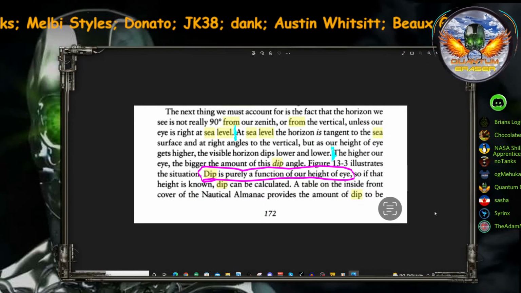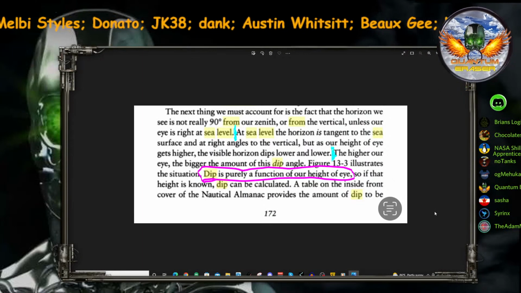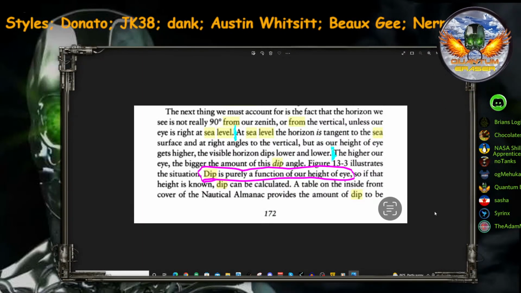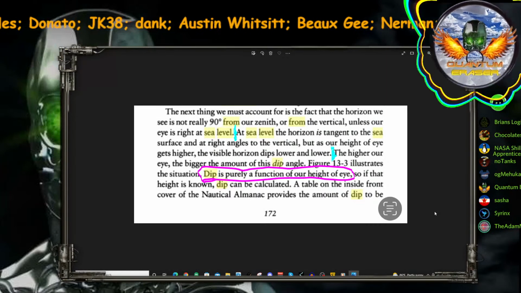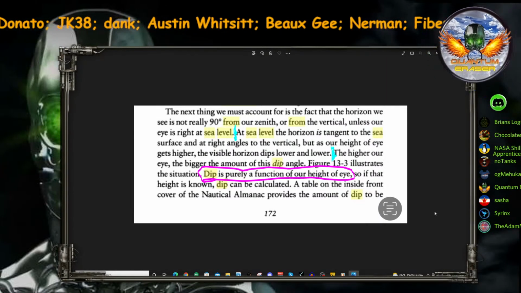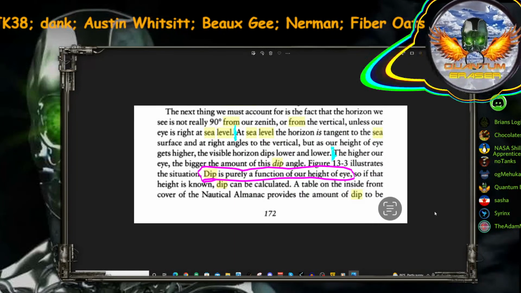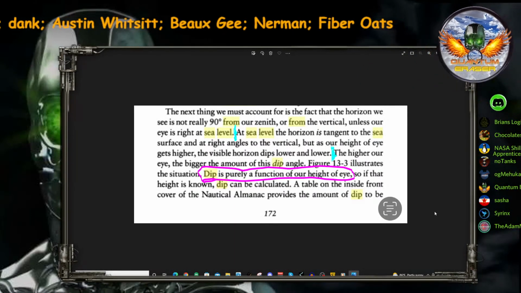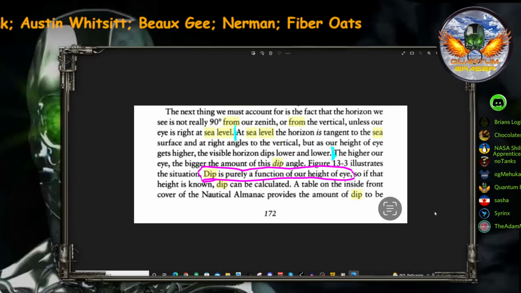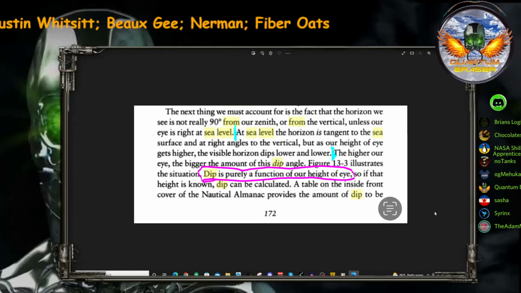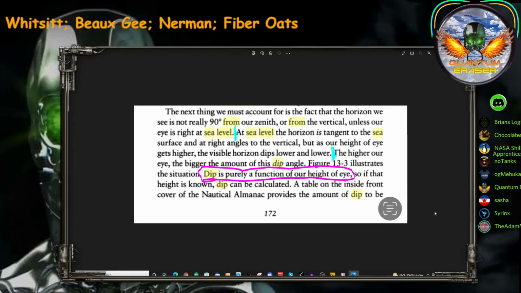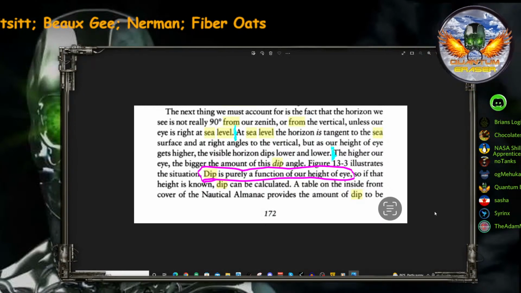And we've got this at 1850. So it's interesting that this one is the complete opposite from the truth, from the earlier almanacs and the earlier navigational logs in terms of what height of eye correction is. It's a function due to how high the eye is off the surface.